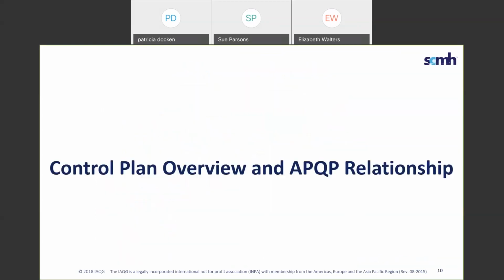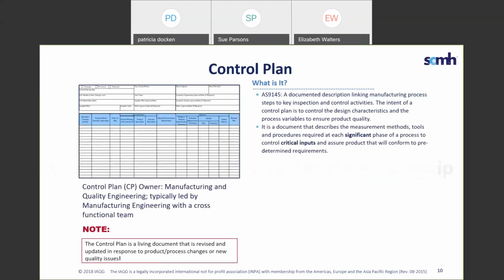Let's have a look at the control plan overview and the APQP relationship. Right here is a picture of a control plan, and we're going to look at what it is. The control plan is a documented plan linking the manufacturing process steps to the key inspection and control activity.